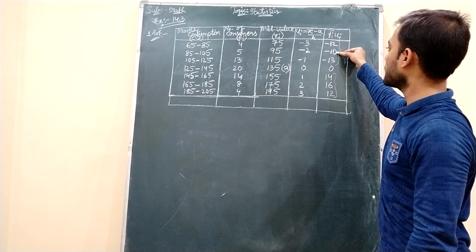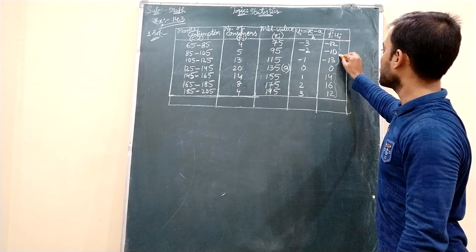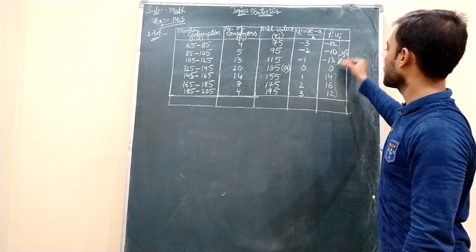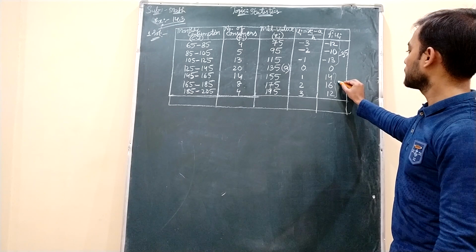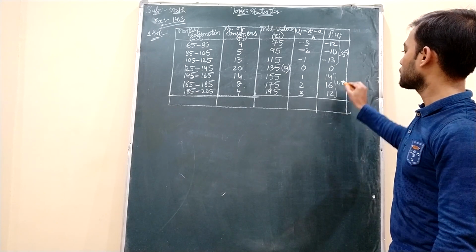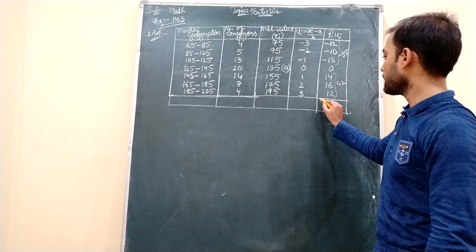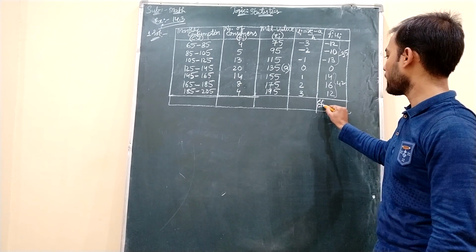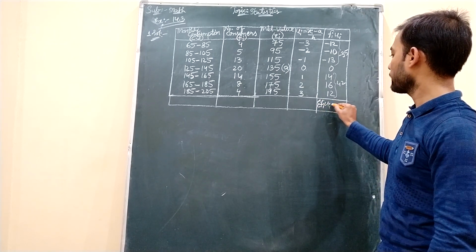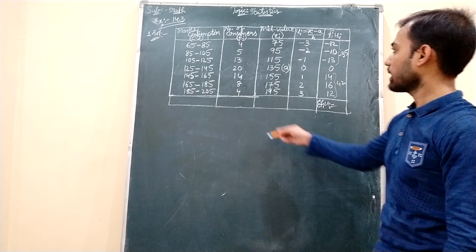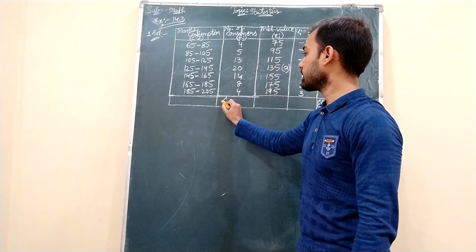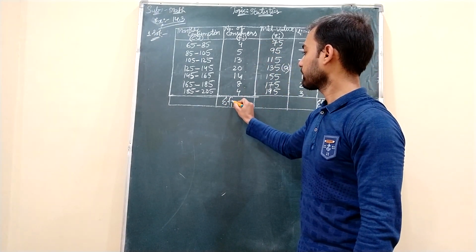When you add 12, 10 and 13, you will get minus 35. And when you add all this, you will get 42. This total we will take as sigma fi ui, and this total here we will take as sigma fi.